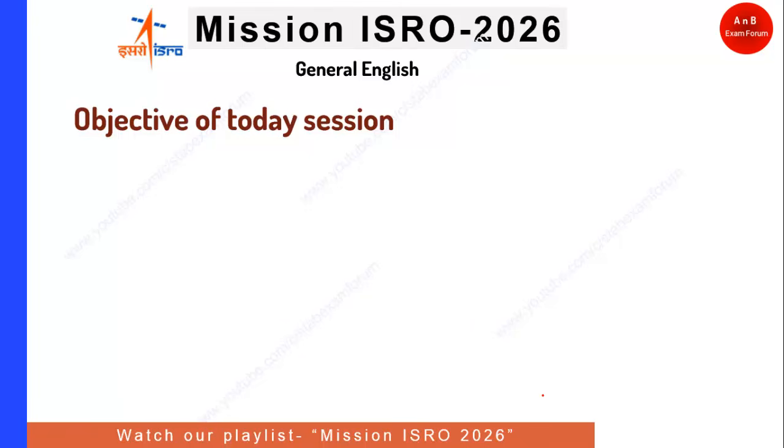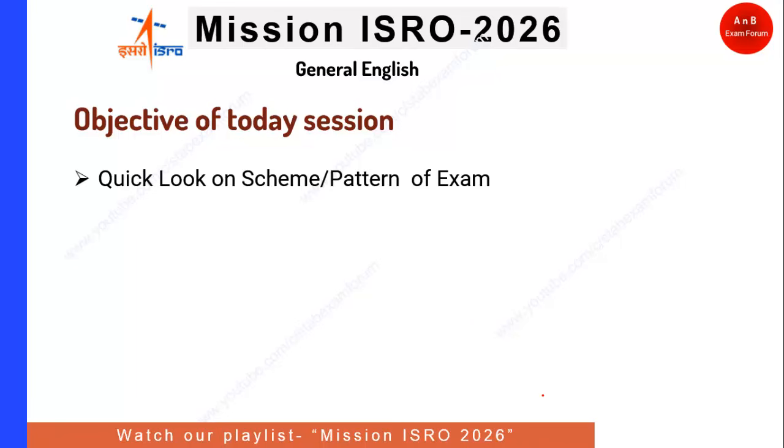So before proceeding, let's see what is the agenda of today's session. First, we are going to have a quick look at the scheme or the pattern of the exam which is going to come in your ISRO Assistant, UDC, JPA, Steno exam. Afterward, we are going to see the objective, challenges and opportunity for this particular section.